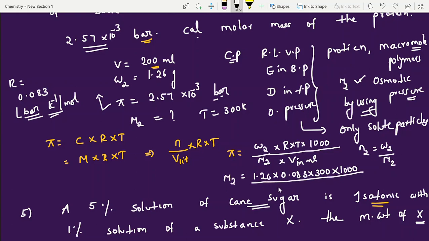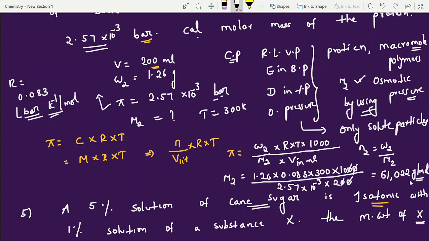Interchange, the pi value comes here, 2.9. Volume, how much? 200 ml, right? You can cancel, and the remaining you can simplify. So finally we get the answer here: 61,022 gram per mole. Whenever you are calculating gram molecular weight, you have to express gram per mole units.